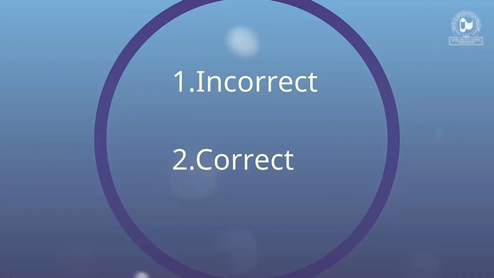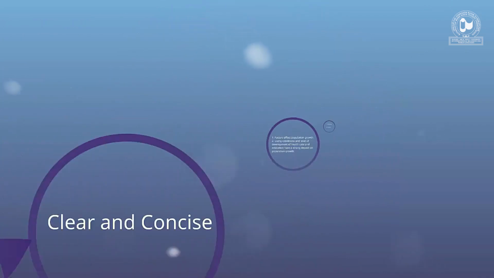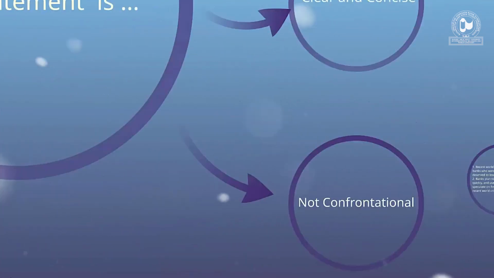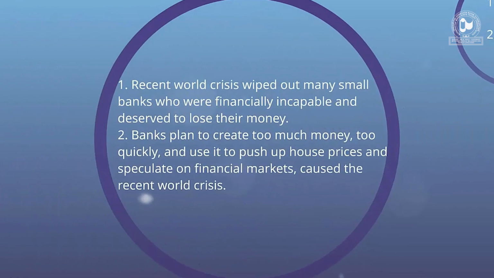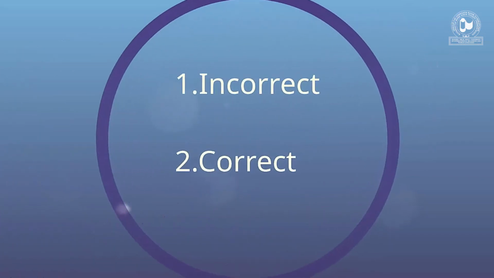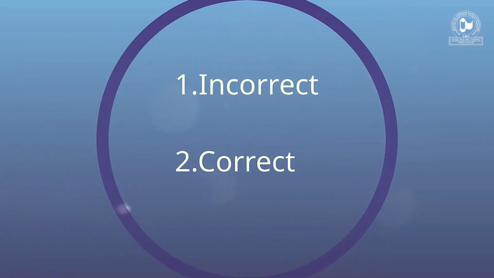The first is incorrect and the second is correct. Third, not confrontational. Although you are trying to prove a point, you cannot force your ideas on the reader. Study the examples for a while and say which of these examples is correct and which is incorrect. Right? One is incorrect, the second is correct.